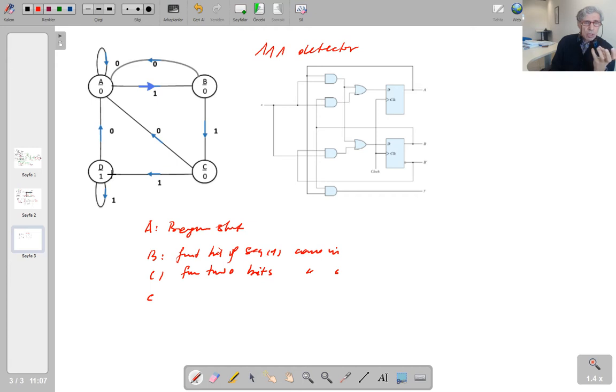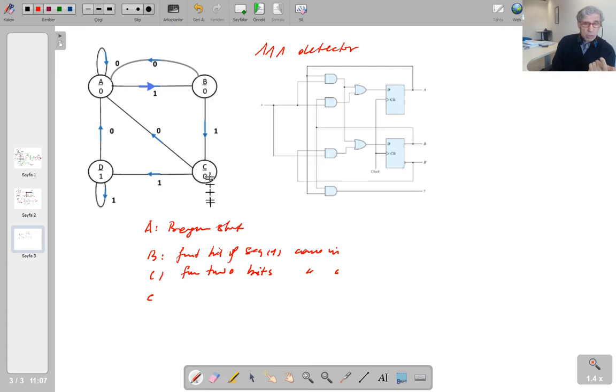So for the other cases, you cannot detect these ones one after another in a sequence. So for example, if you are in state B, that means first 1 came in and then 0 came in, you're going to go back to the beginning because your sequence starts with 1. So you've got to go back. So for this C as well, you're going to go back. For D as well, you're going to go back. So that is the critical point here.